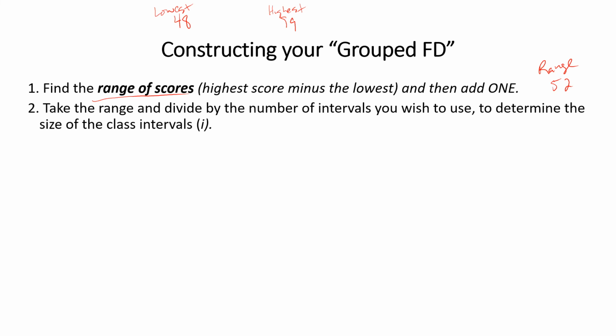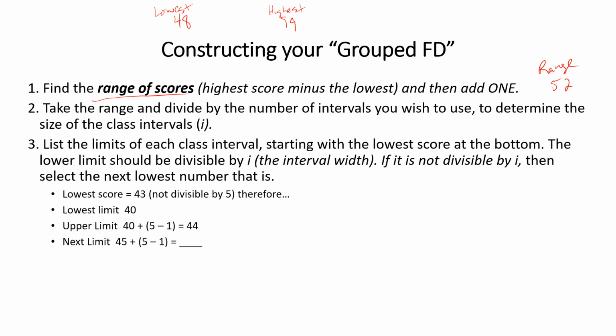So take our range, let's say we wanted 10 intervals. So we take the range and divide by 10, and what we end up with there, we wanted 10 intervals, so we get a number of right around 5. We get 5.2 to be exact. Then we're going to round it up, and now we're going to use a range of 6.